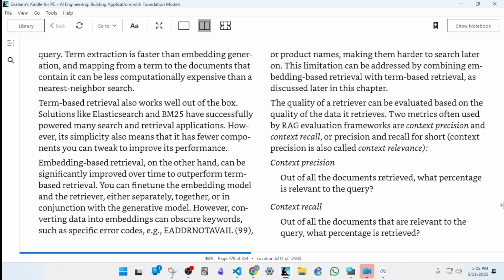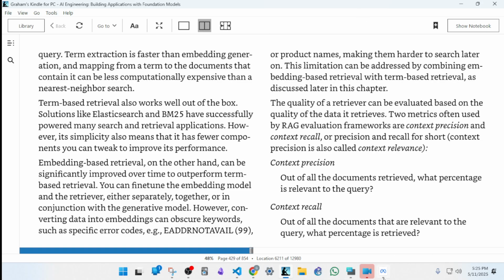Yeah, I see. So I think not avail. Because remember, this is an error code, so not avail, not available. So EADDRNOTAVAIL would be the error code.